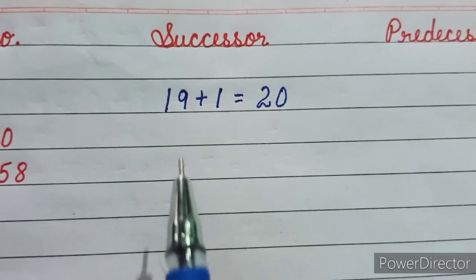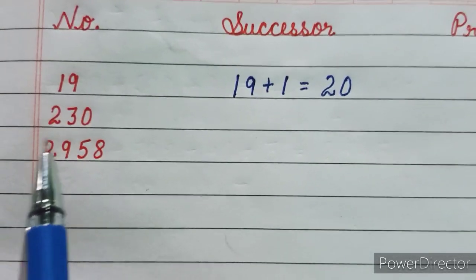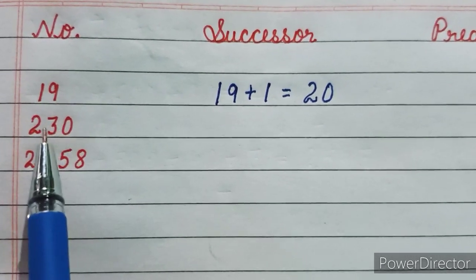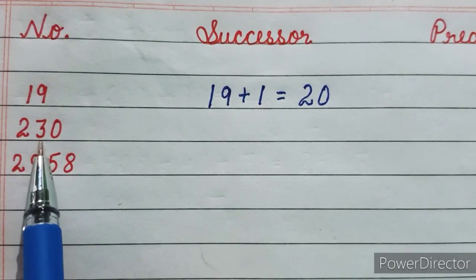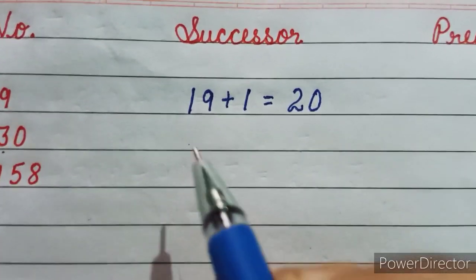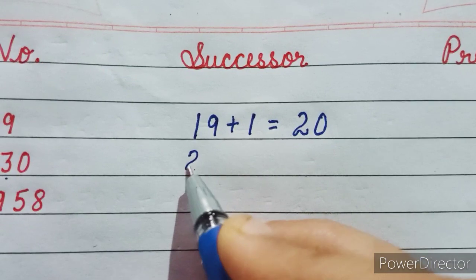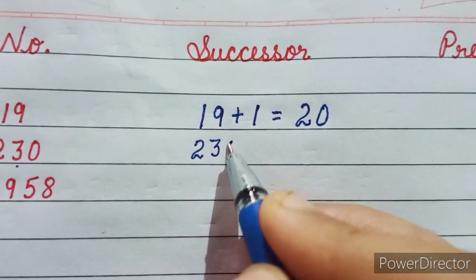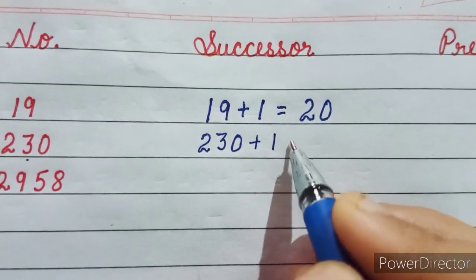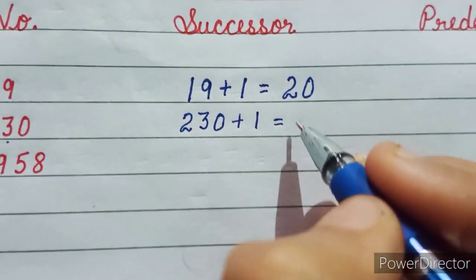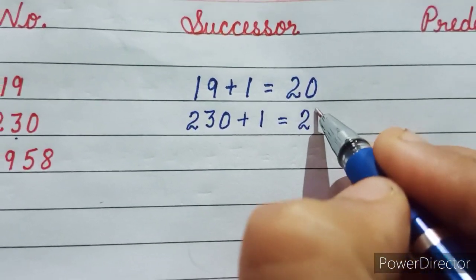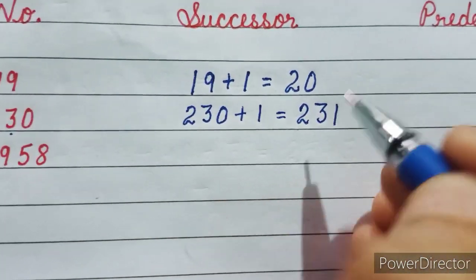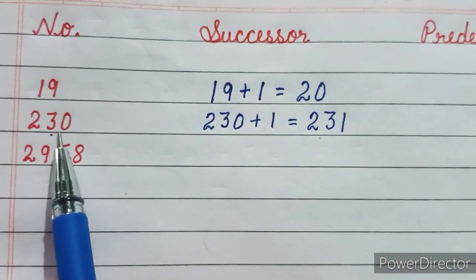Similarly, in example number 2, the given number is 230. 1 is added to 230. Answer is 231, which is the successor of 230.